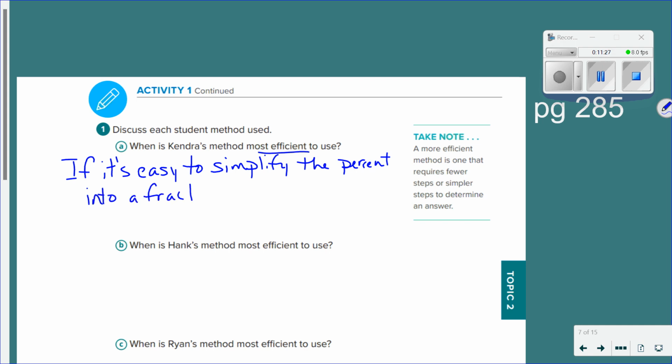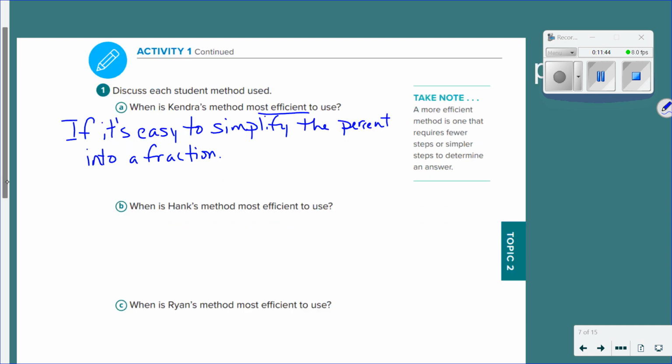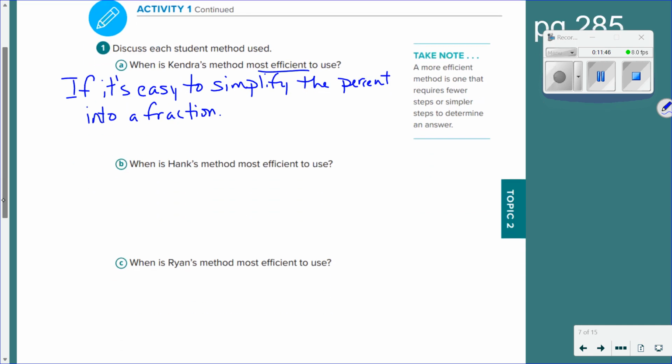So if I get it so that the numbers work well together, then her method can work. But that takes really good number sense and understanding how that percent can be simplified to a number that's going to work well with the number I'm using. What about Hank's? He's the one that turned it to a decimal. What do you think?